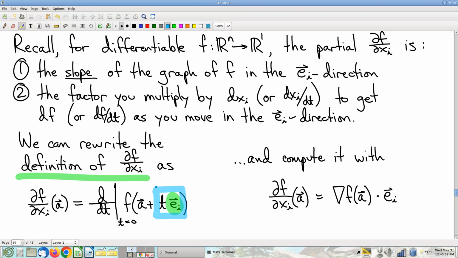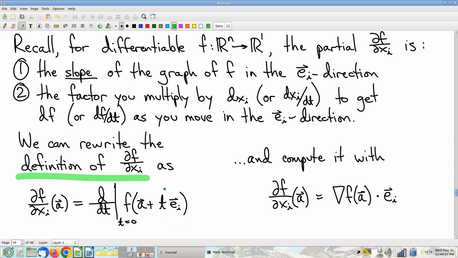And so if this represents how you're moving as t changes, it's got zeros in all of the positions except for the ith variable. And so effectively this is taking the derivative where we're assuming that all the other variables are constant, because here all of the other variables are literally constant. They're not changing. Anyway, there's stuff to be worked out there. I think this is a healthy exercise. Give it a try. If you get stuck, I'm happy to help. Come to office hours. I'll walk you through it. But this is a rewrite of the definition.